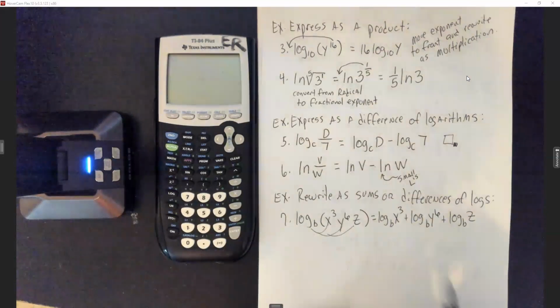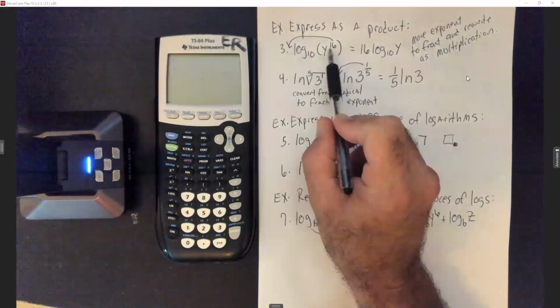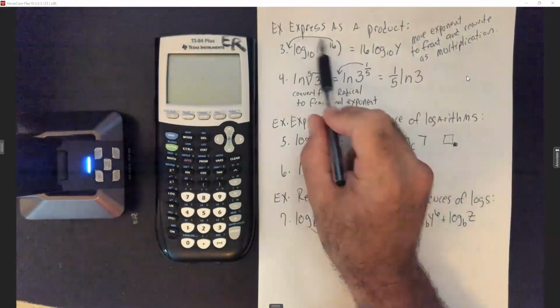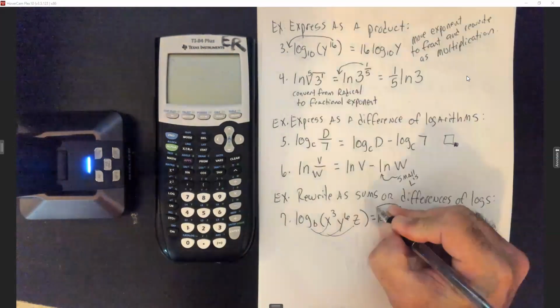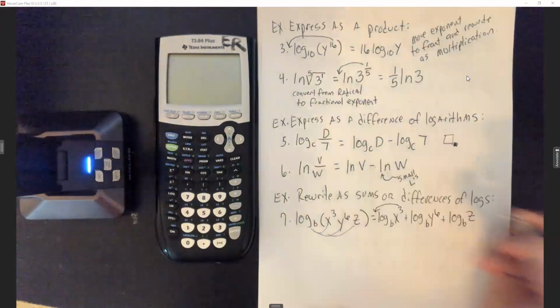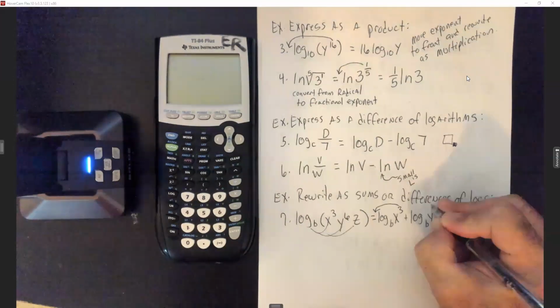And y'all see the ones that have these exponents? I've got to use this power rule up here and bring these exponents down to the front. So the 3 will go down to the front of log b of x, and this 6 here will go in front of the log b of y.